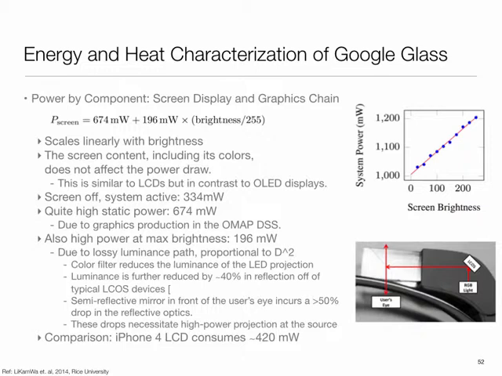By contrast, the iPhone 4 LCD display, which is a couple of generations old, has a lower power consumption. Even though it's a tinier device with a smaller screen, Glass's power consumption is significantly more. By the time you add things up, 875 versus 420, almost a factor of 2 more power consumption for this kind of display.